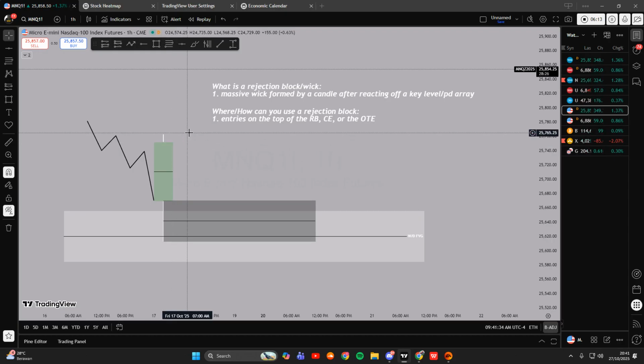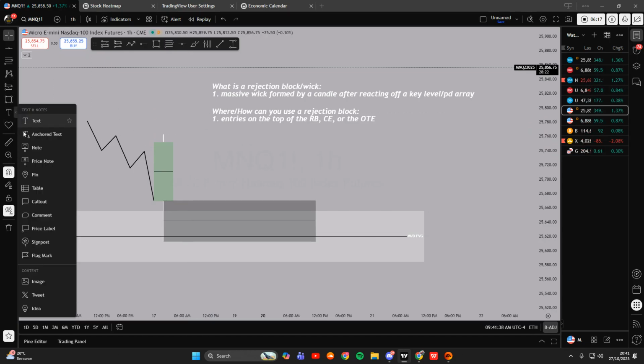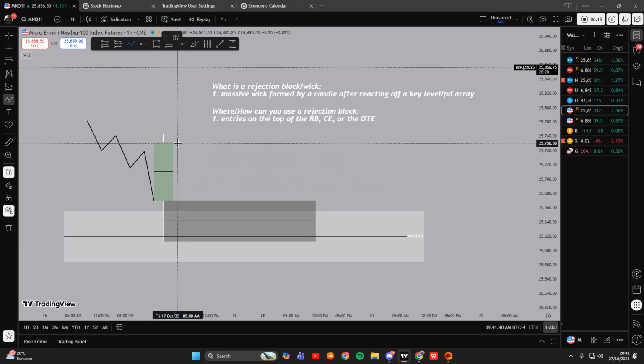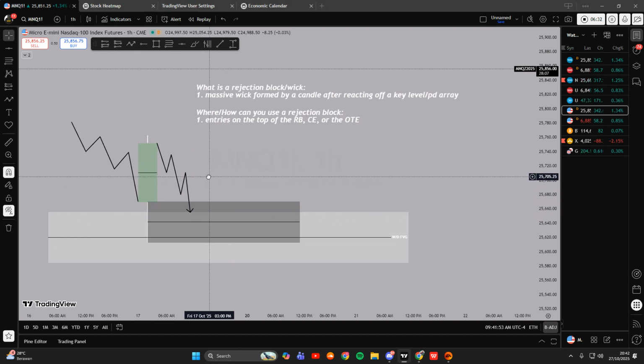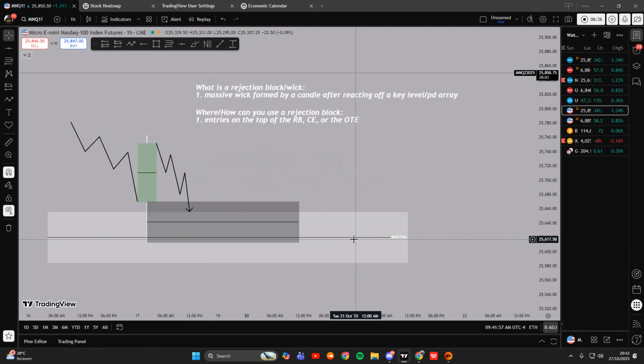Another thing I want to talk about is engineered liquidity. Another way to make a rejection block higher probability is you want to see engineered liquidity in that rejection block. You can see price going inside the rejection block, but it doesn't tap into the CE yet.